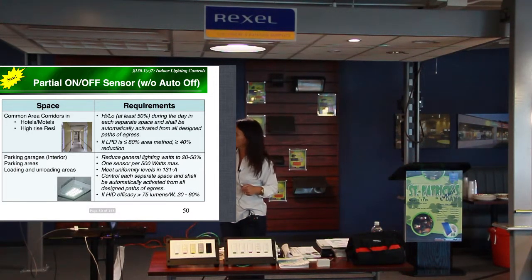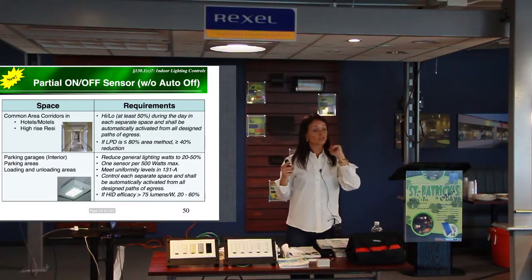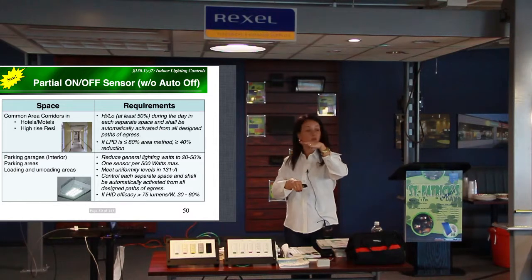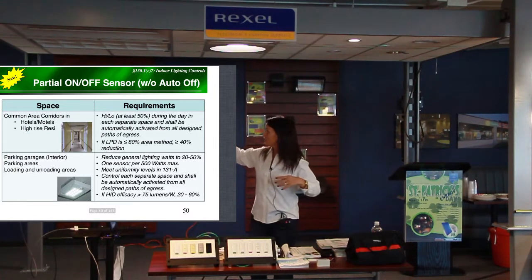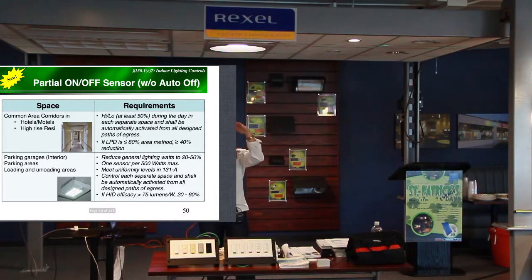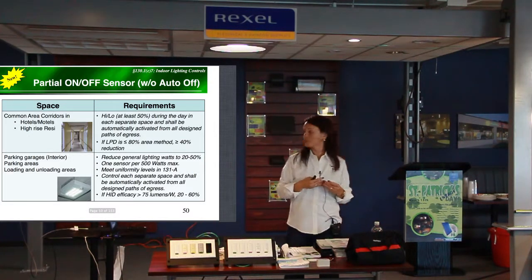For hotel, motel corridors, and high-rise residential applications, those corridors can be just by level. You don't need to shut off the lights. Unoccupied, at least 50%, and occupied, you can go up to 100%. And depending on the areas, you can go up to 80%, depending on the lighting power density of the space.